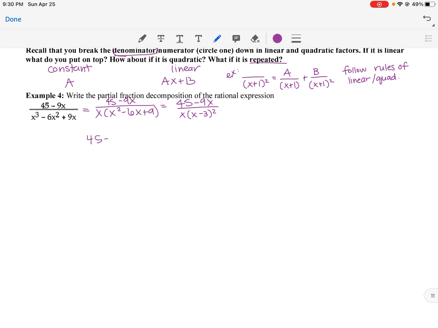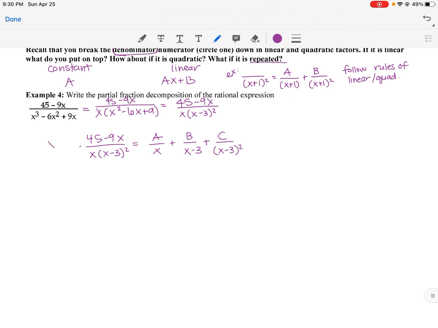Okay, so if I'm going to go ahead and solve this, I'm going to break it down into a over x plus b over x minus 3 plus c over x minus 3 squared. Okay, so multiply both sides by x times x minus 3 squared, and then think about multiplying each of these by that as well.